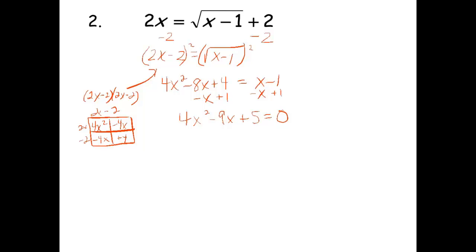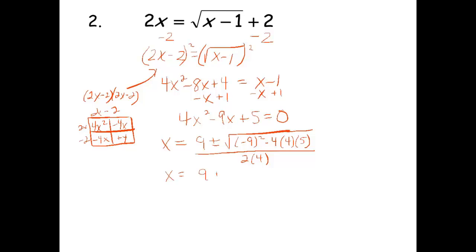So I'm going to try that. So x equals negative b, so in that case I'll put positive 9, plus or minus the square root of negative 9 all squared, minus 4 times a, which is 4, times c, which is 5, all over 2 times 4. Now I'm just going to simplify.